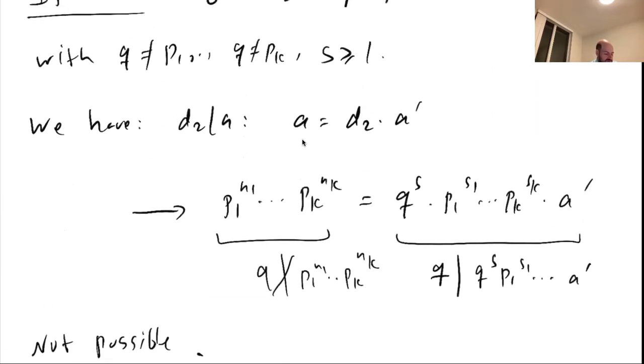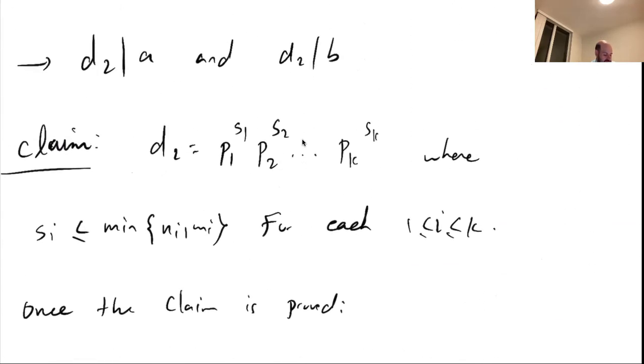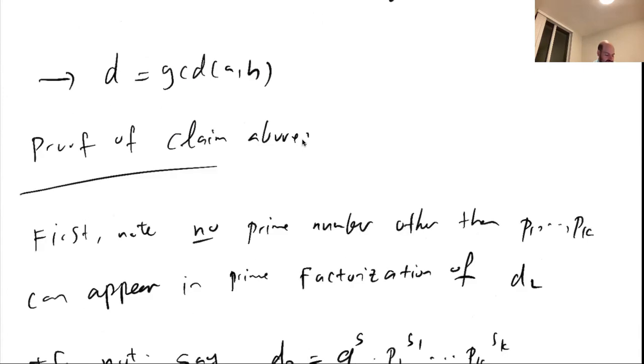Now, my second part of the claim was that each of these powers must be less than or equal to the minimum of Ni, Mi. So this part we can prove by contradiction.